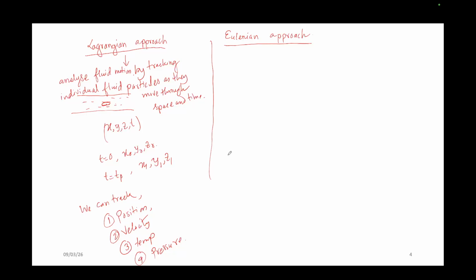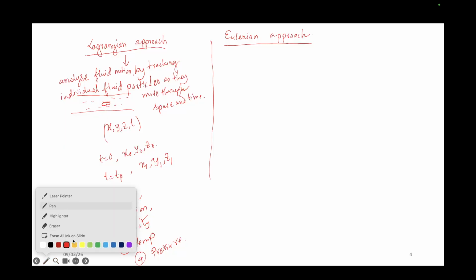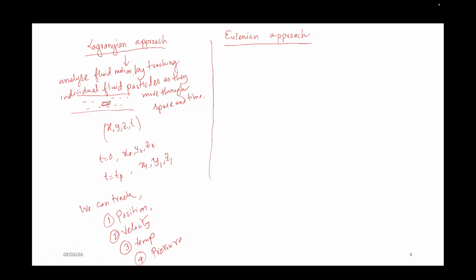The important thing is that if you have to find the velocity of this particle at time t, say initially it was at this point. Let us assume a 1D problem, so x, y and z are not there.